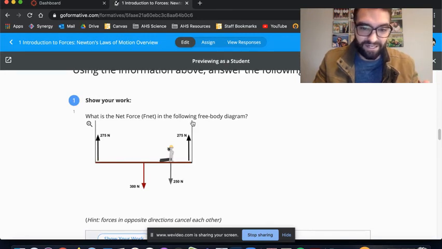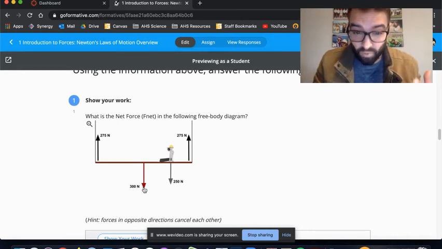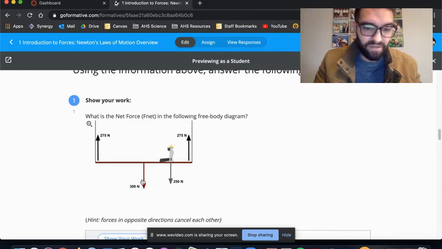So this would be a tension force, and has 275, 275. Then we have the beam that the construction worker is standing on, and the downward force, due to gravity and the weight or mass of that object, is 300 newtons. And then the person is 250 newtons.